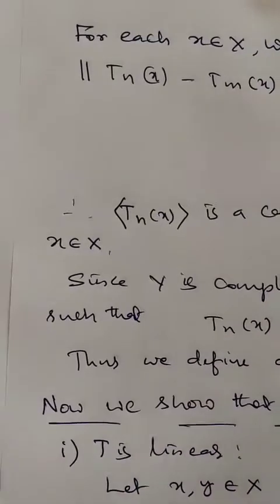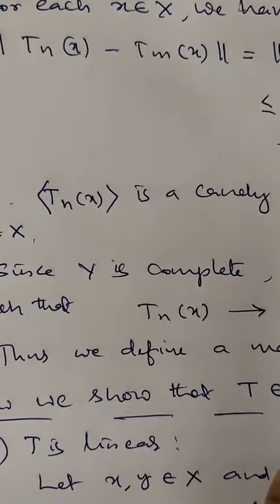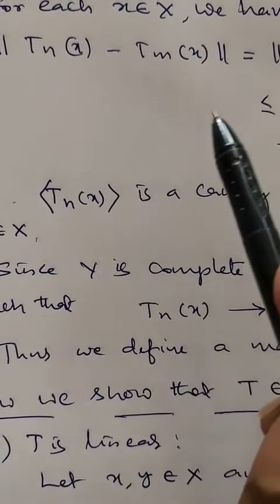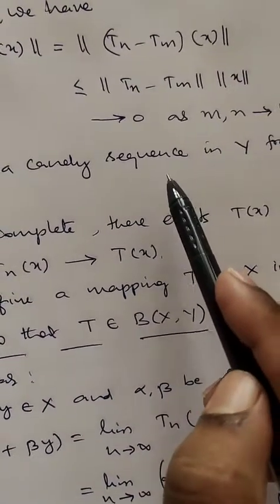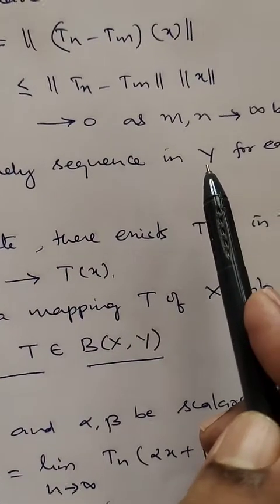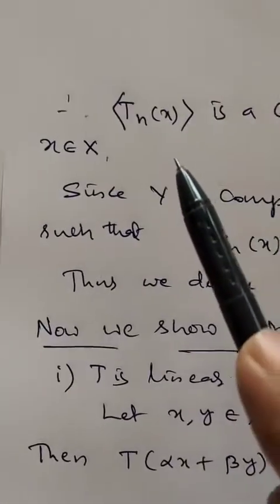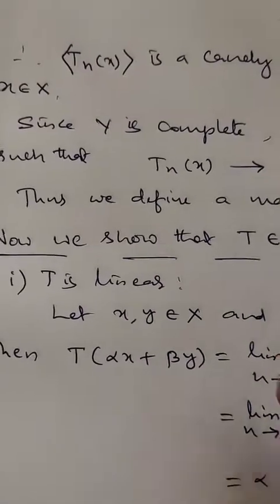Therefore norm of Tn of x minus Tm of x tends to 0 as m and n tend to infinity, which means Tn of x becomes a Cauchy sequence. Where does Tn of x lie? Tn of x lies in Y, therefore it is a Cauchy sequence in Y for each x belonging to X. Now we have assumed that Y is a complete space.